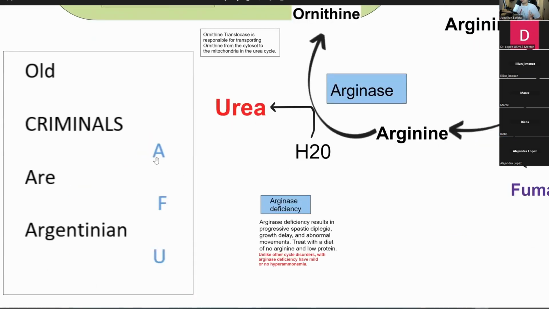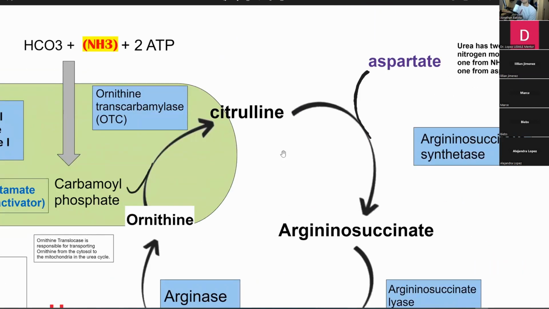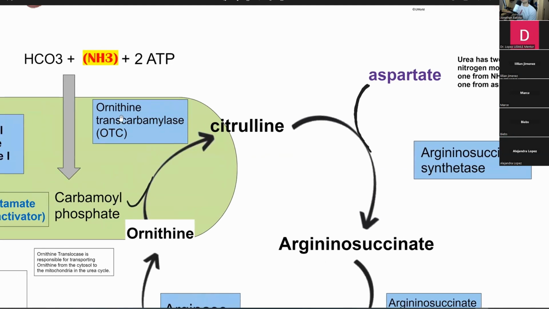So there you go. Here you have your mnemonic for this cycle, and you also have the substrates that are entering and leaving. The first one is entering, the other 2 are leaving.